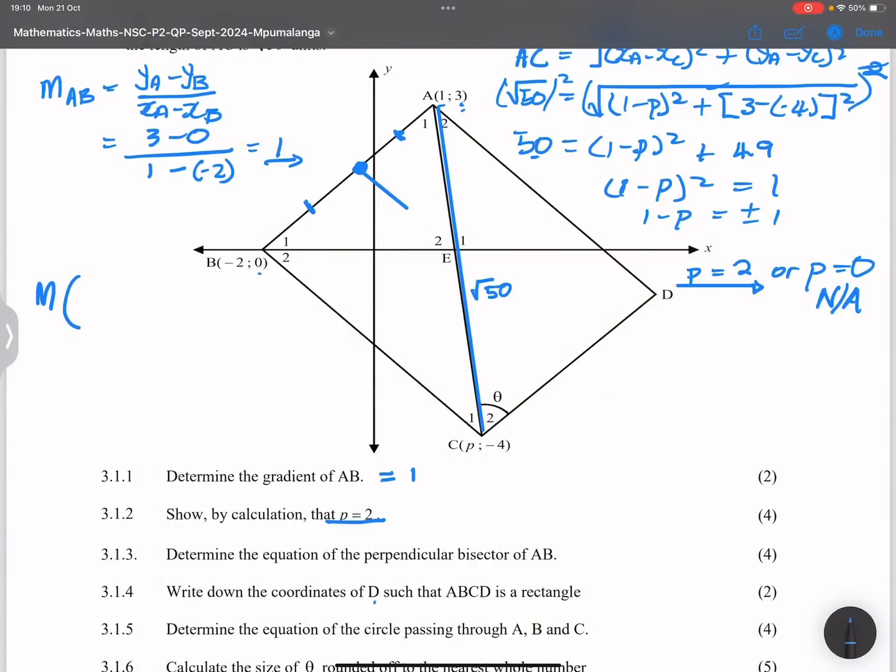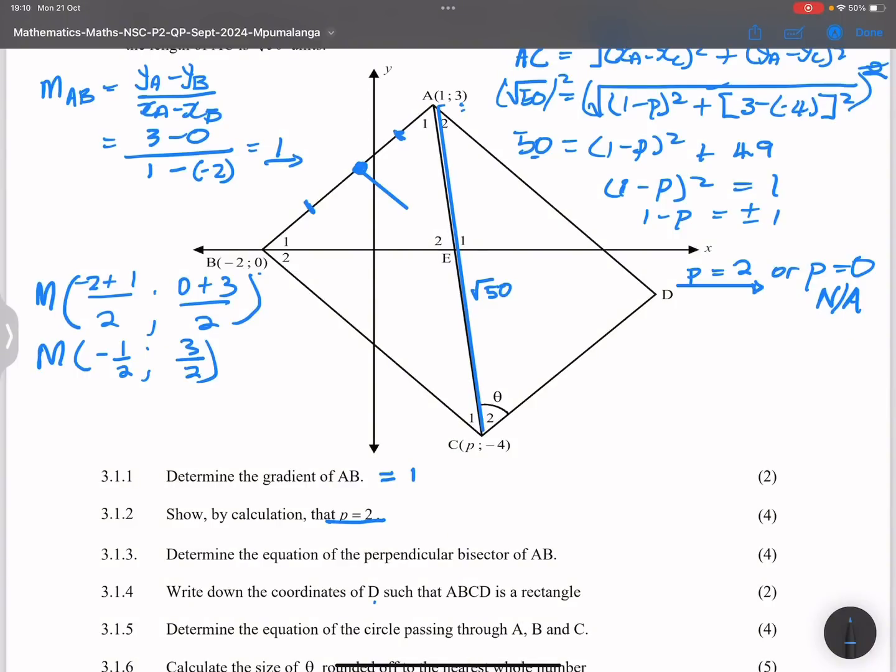That's negative 2 plus 1 divided by 2, and also for the Y value, we'd have 0 plus 3 over 2. Which means that midpoint is negative 1 over 2 and 3 over 2.